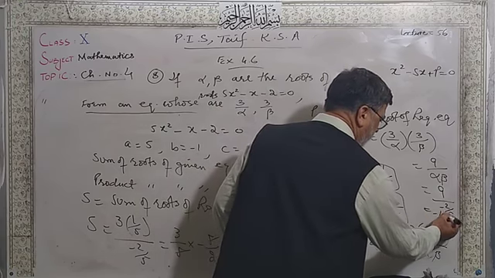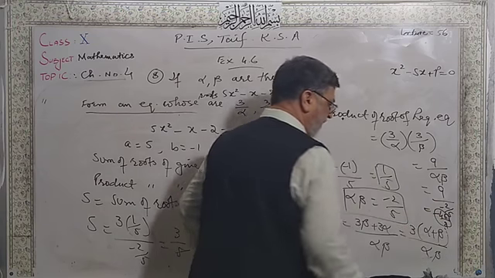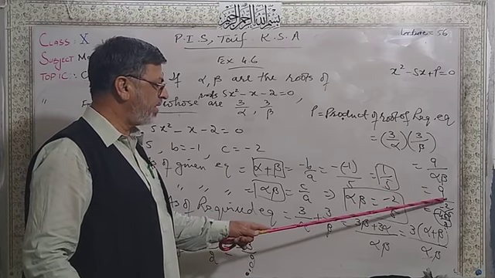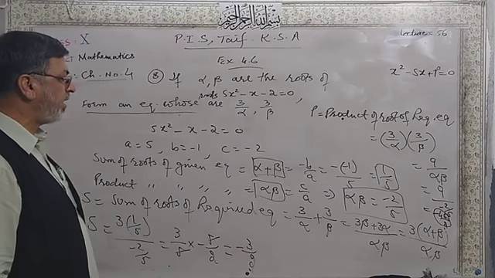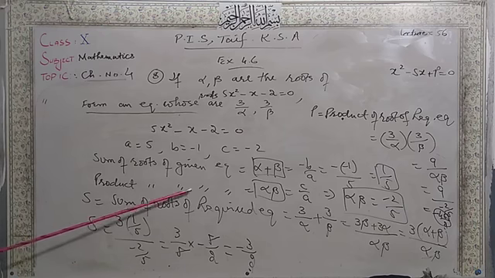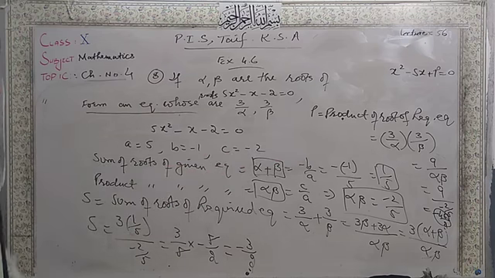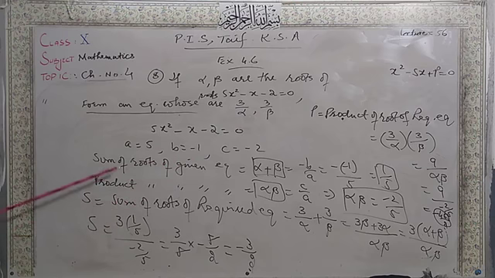We will have minus 45 over 2. This 5 will come up. Minus 45 over 2. This is P, product of roots of the required equation. Dear students, I am writing S as sum of roots of required equation and P as product of roots of required equation. I am not using S and P for the roots of the given equation.